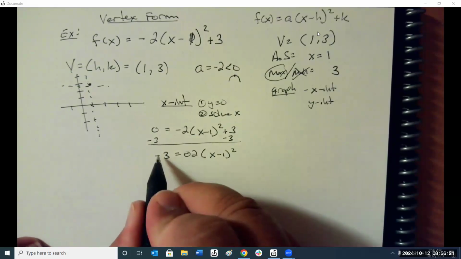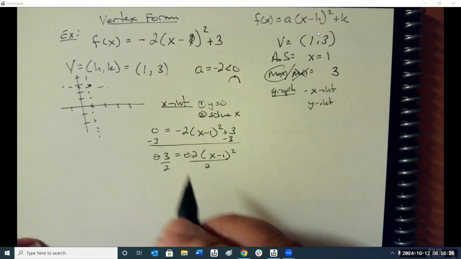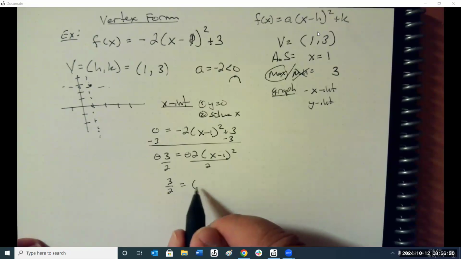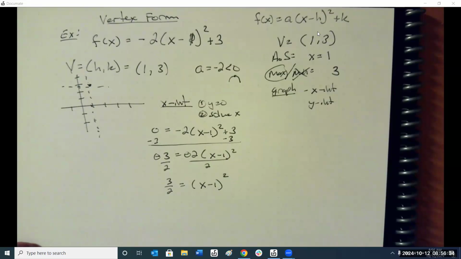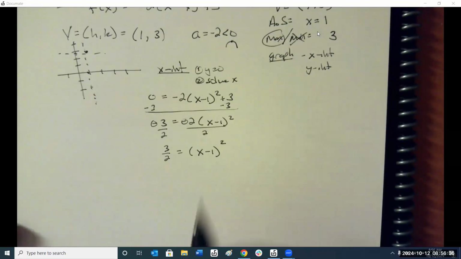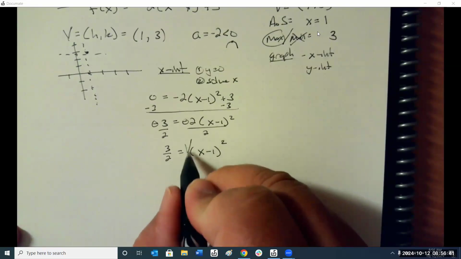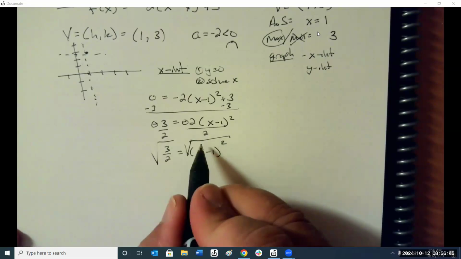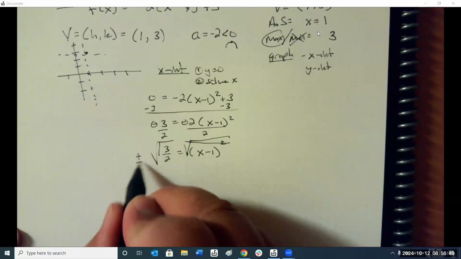Change the signs and divide by 2. So we have 3 over 2 equals x minus 1 squared. We're going to try and solve for x, so square root both sides. Because I square rooted something that was squared, I have to put a plus or minus in front.